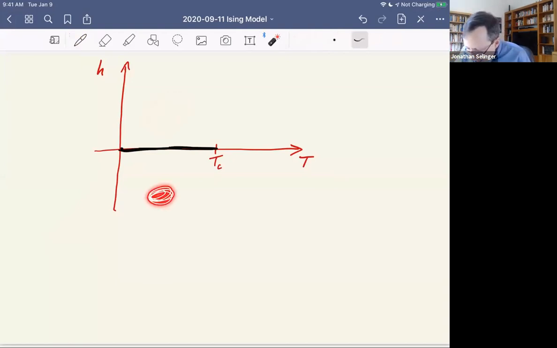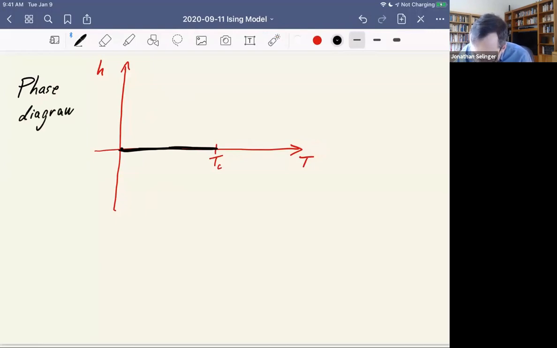Down there is where we had the big negative order parameter. Out here is where we have the order parameter equals 0. So this diagram that I'm drawing is called a phase diagram. It shows what phase the material is in at all these different fields and temperatures.